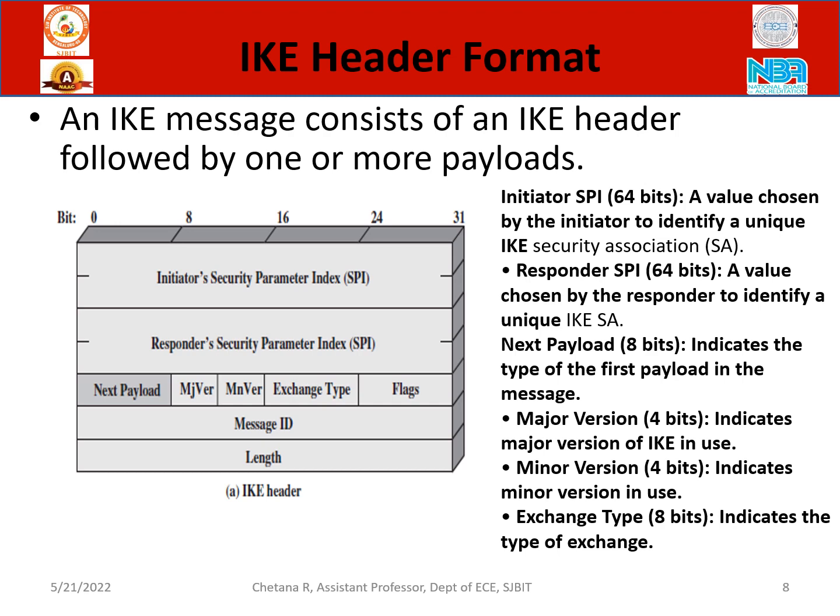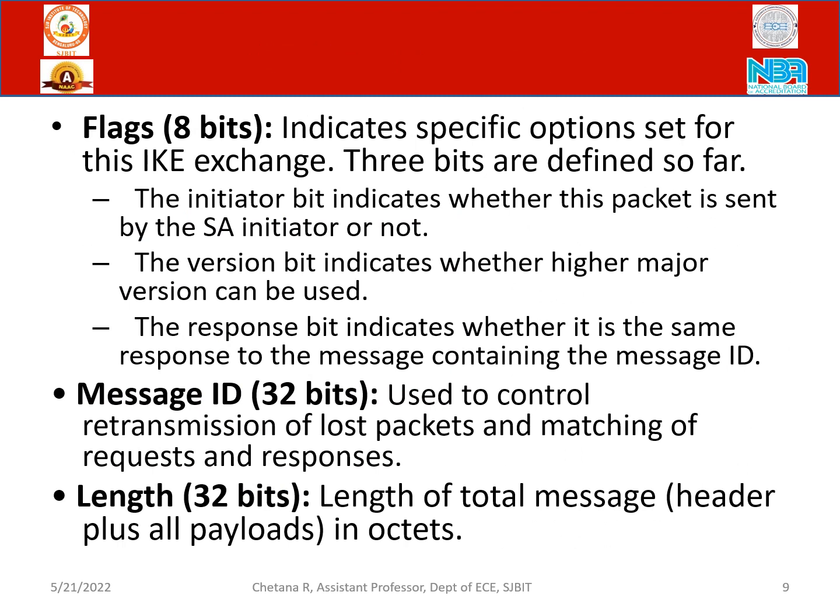Followed by flags. So what exactly do flags have? It is 8 bits and indicates specific options set for this IKE exchange. 3 bits are defined. The initiator bit indicates whether this packet is sent by the SA initiator or not. The version bit indicates whether a higher major version can be used. The response bit indicates whether it is a response to a message containing the message ID. So these are the information carried by the flags.